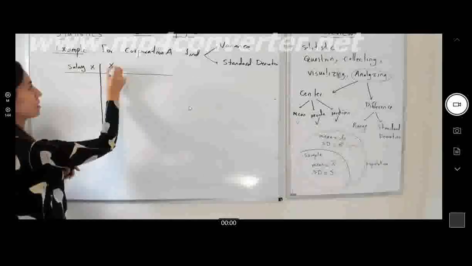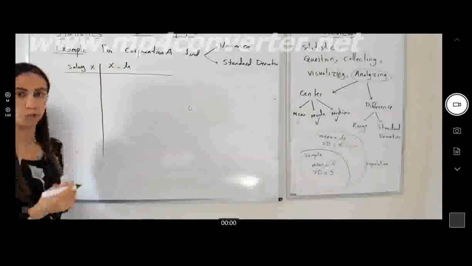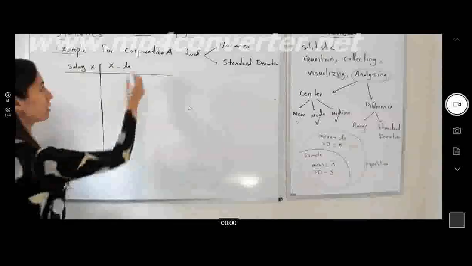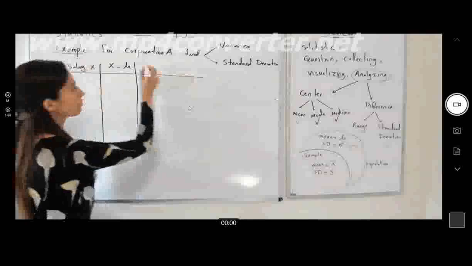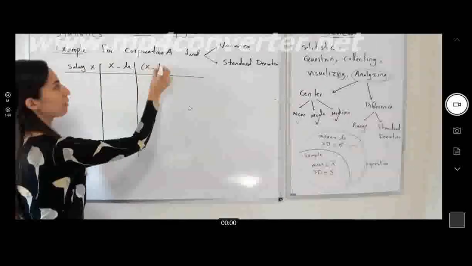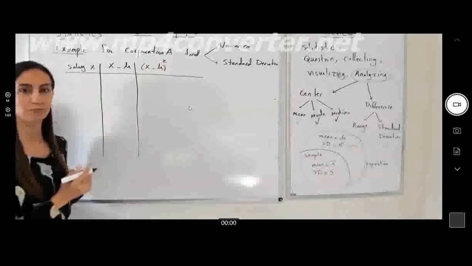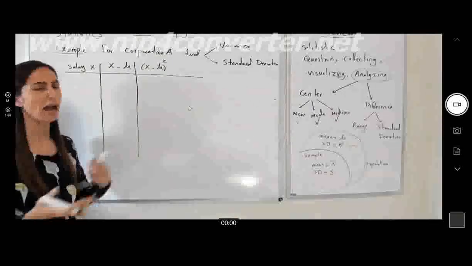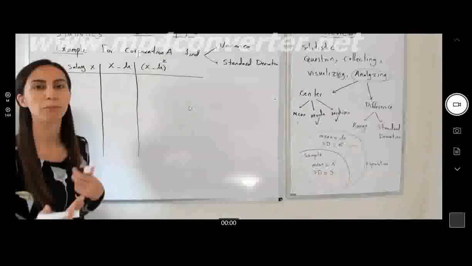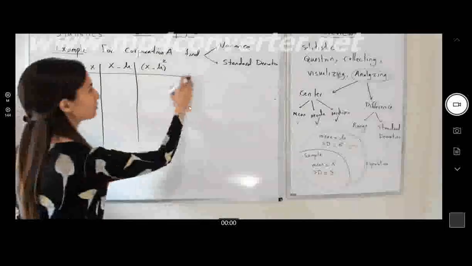So X minus mu, X minus the mean. In the next step, we need to square each of them, X minus mu squared. And finally, add them all together and divide by the total number of values in the collection.